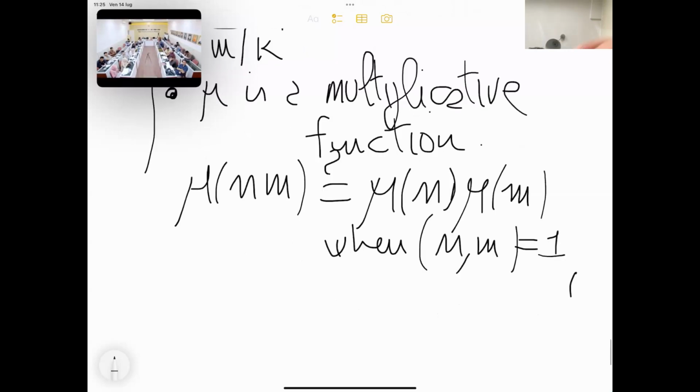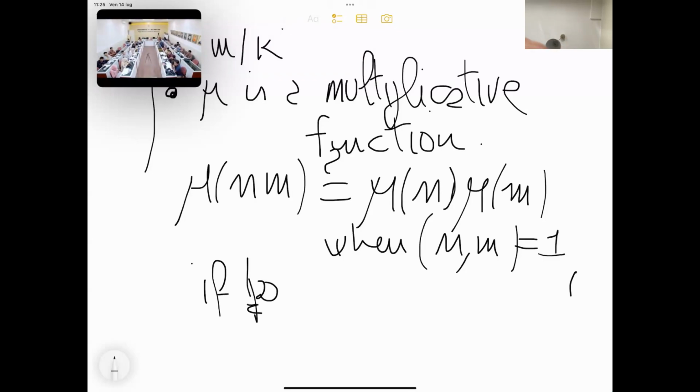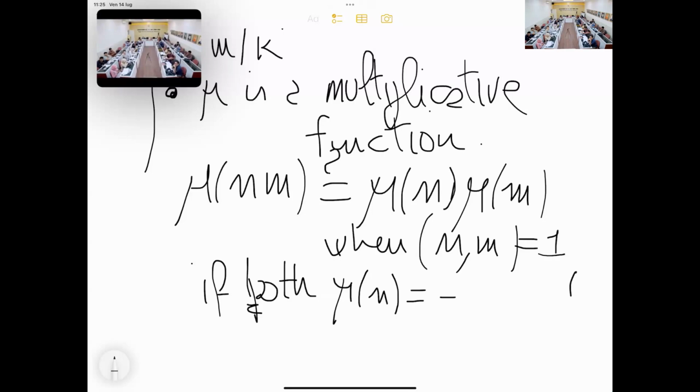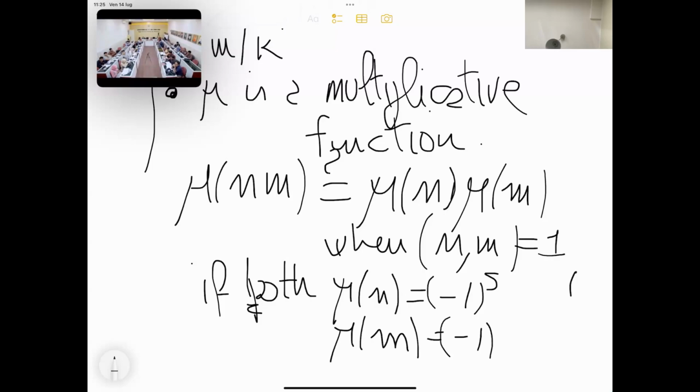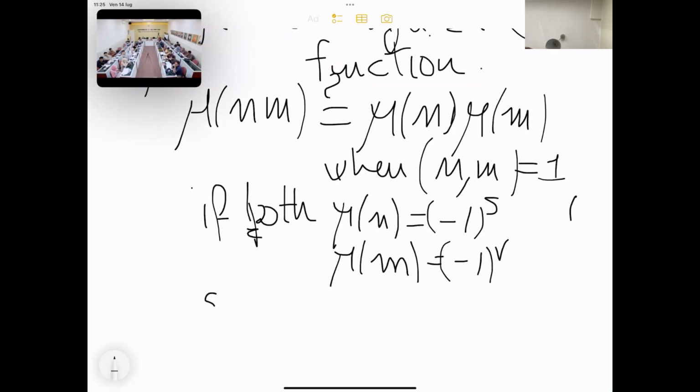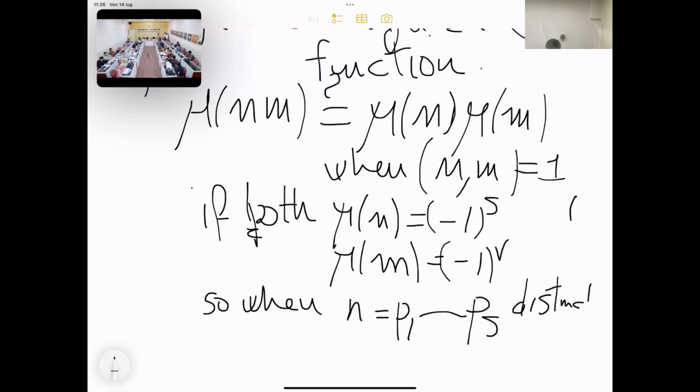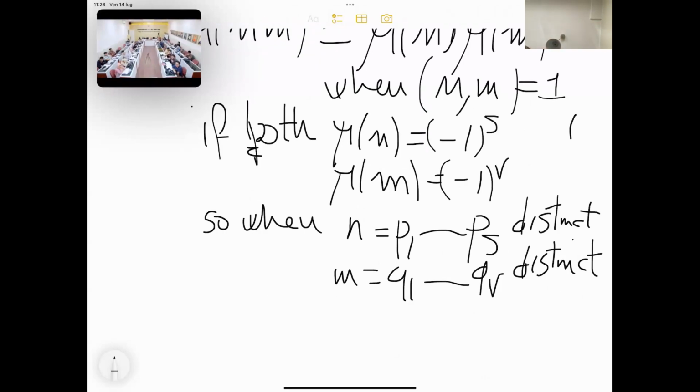Well, if both are squarefree, mu of n is (-1)^s and mu of m is (-1)^r, so when n is the product p1 to ps distinct and m is q1 to qr distinct, if this happens, then there are no primes in common.